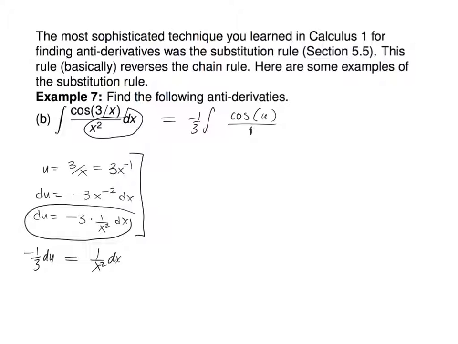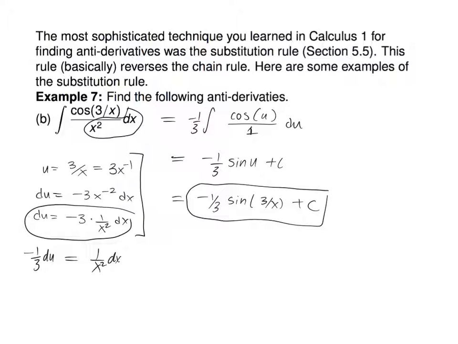So it's the integral of cosine u du. And then what's the antiderivative of cosine of u? Sine. So just back substitute, you get negative 1/3 sine of 3 over x plus c.